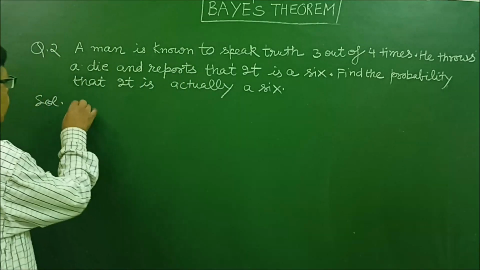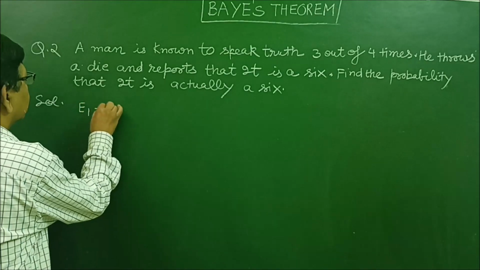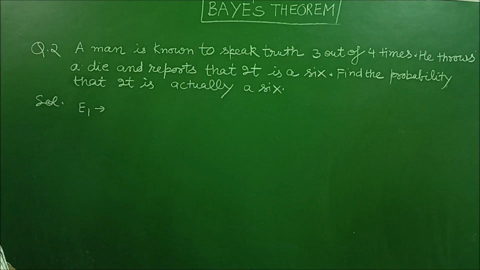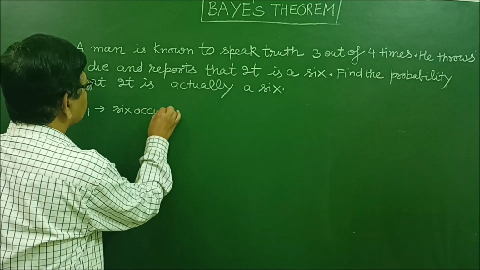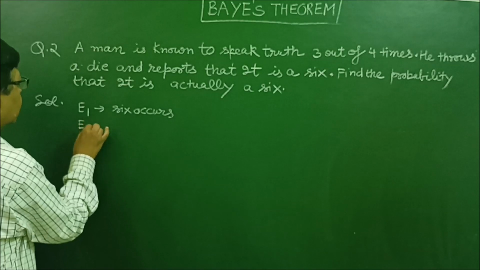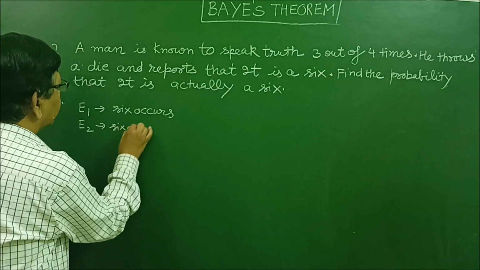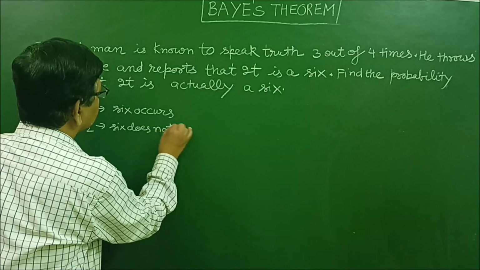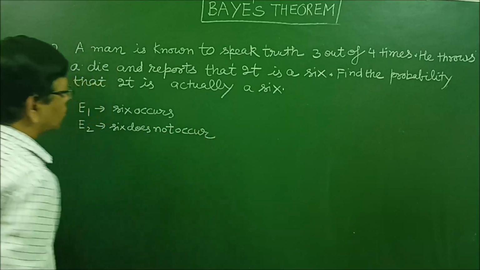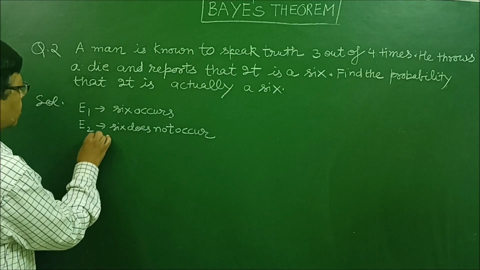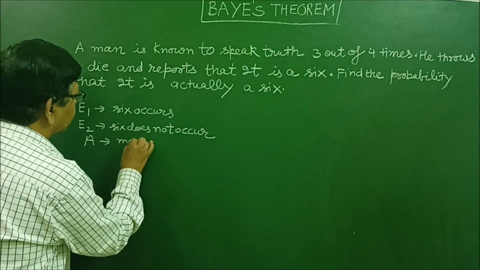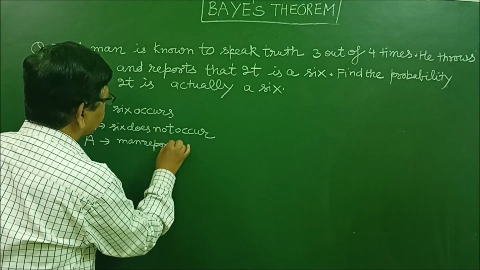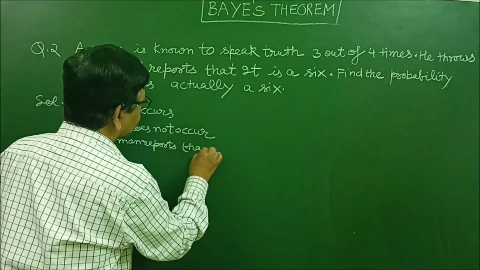Now, let us write the events. E1 is the event, 6 occurs on throwing a die. And E2 is the event, 6 does not occur. And A is the event, man reports that it is a 6.